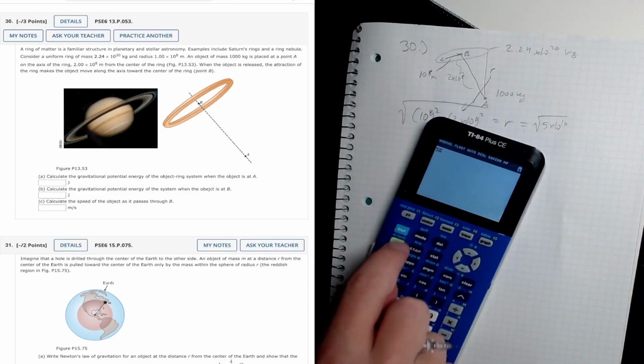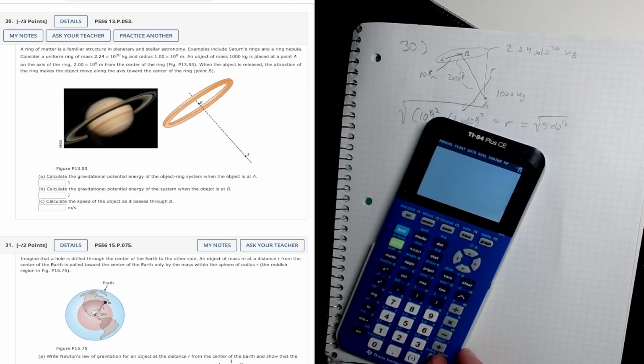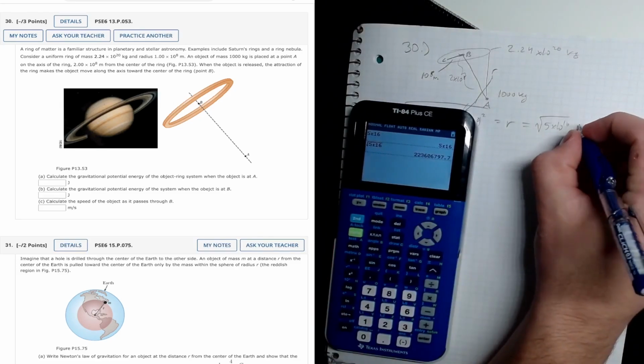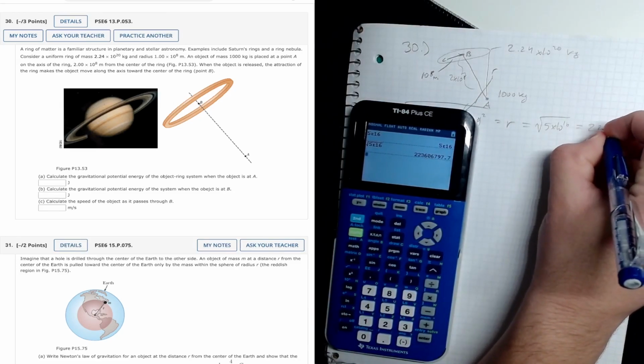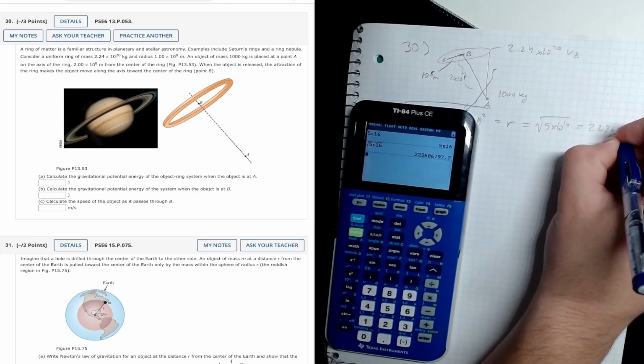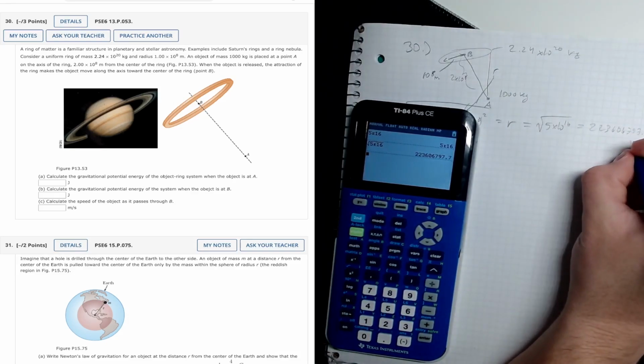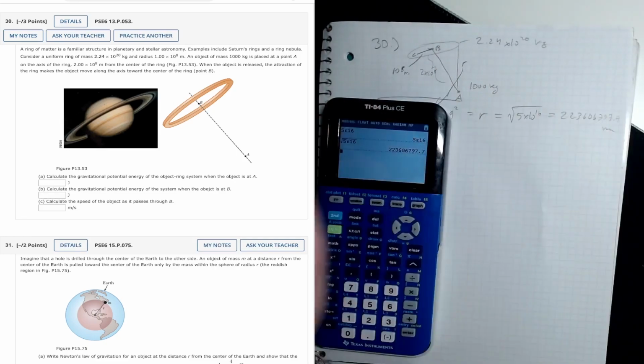The square root of that is going to be 223,606,797.7 meters.